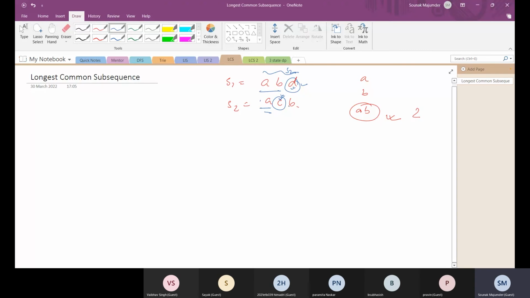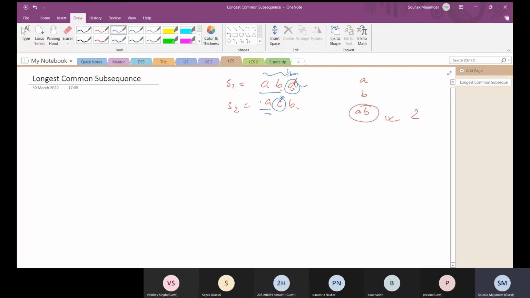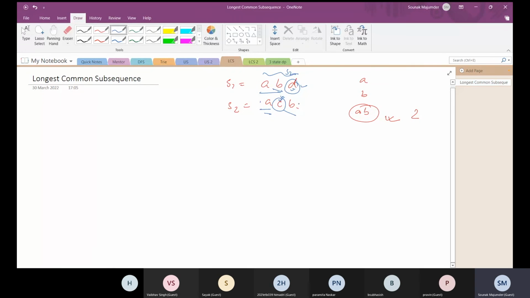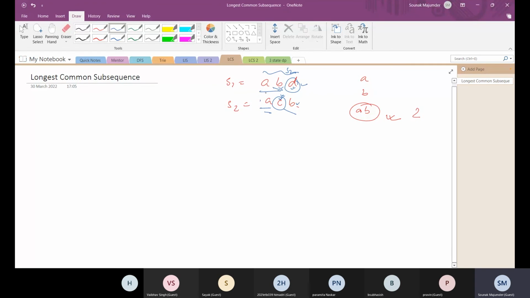Instead, say this B and this B are matching. At this point, if instead of matching this B with this B, we match this B with some B preceding it, let's say there is a B over here, we can guarantee that the length of the longest common subsequence will be less or equal.